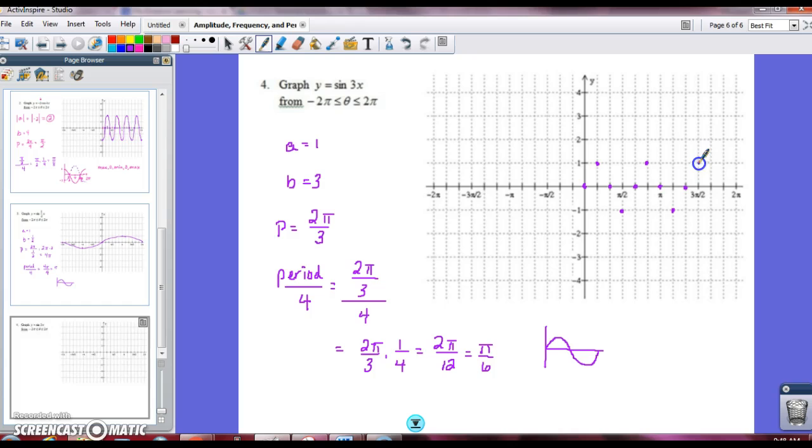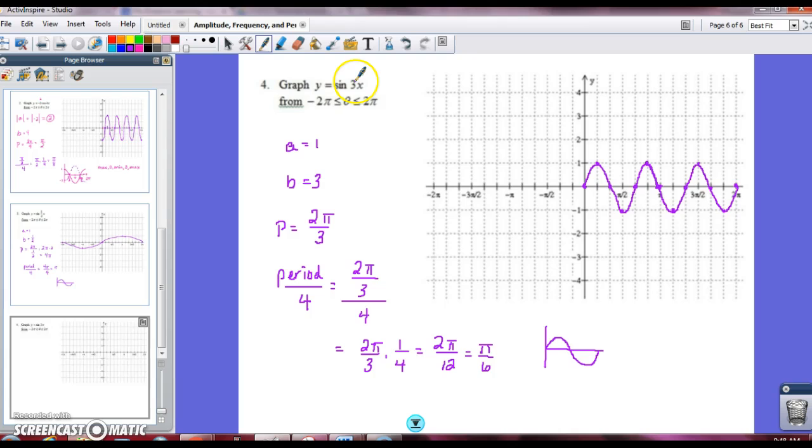So if I were to connect those, I end up with something that looks like that.